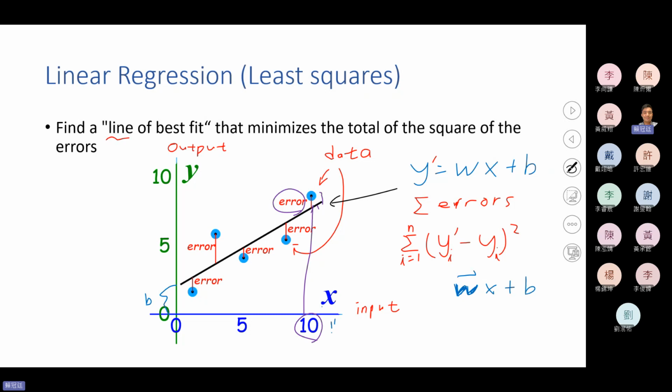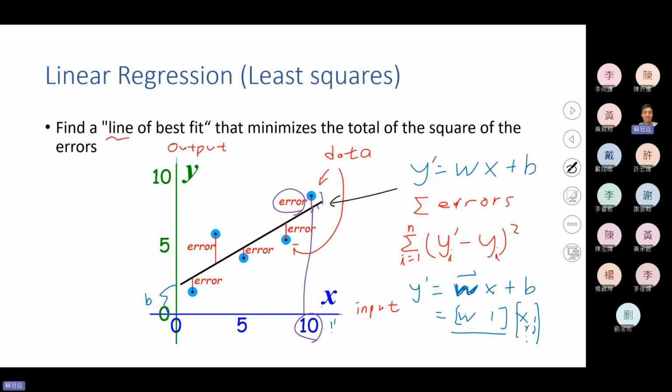Bias is just a scalar, and this can be equal to a vector. You can combine the bias and the weights into a single vector and multiply by vector x. X will be another vector, x1, x2.